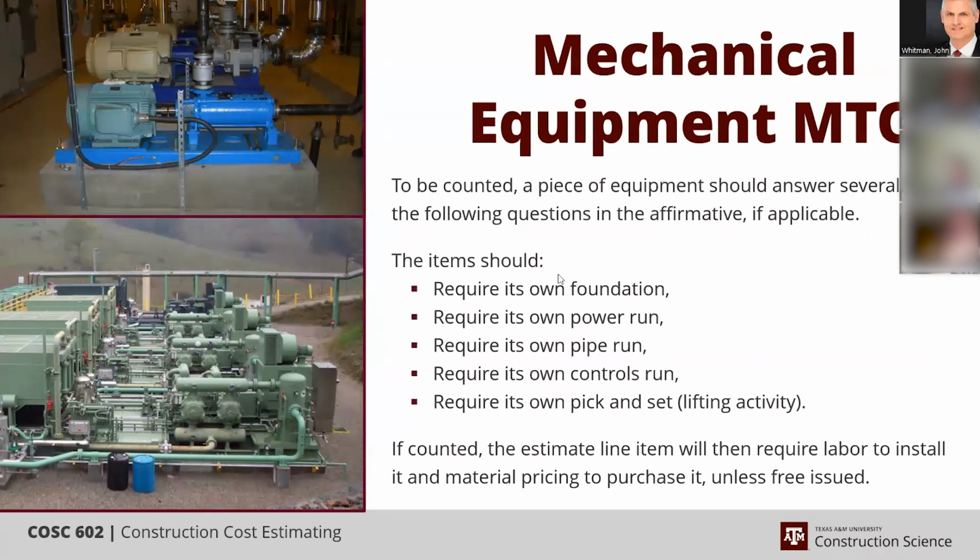Just because you have a particular method for counting your bulk materials in a key quantity, you need to count your equipment based upon specific parameters, because if you don't, you throw all of your metrics out the window, because more than anything, your mechanical equipment is your fundamental metric.